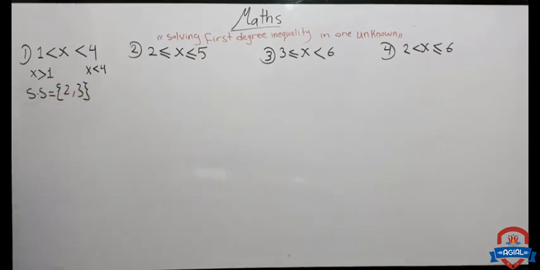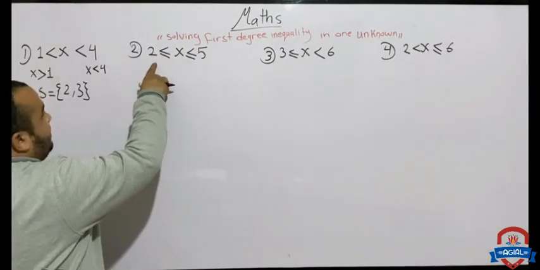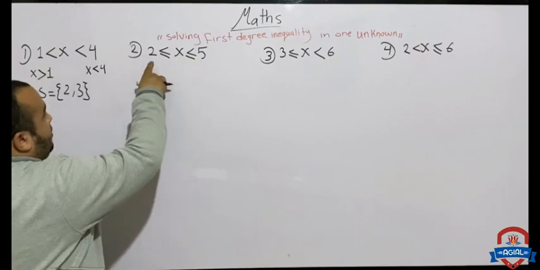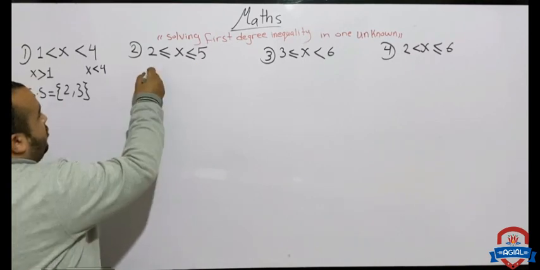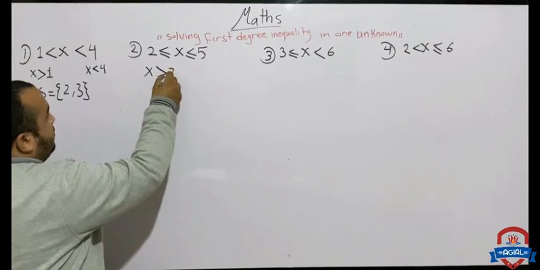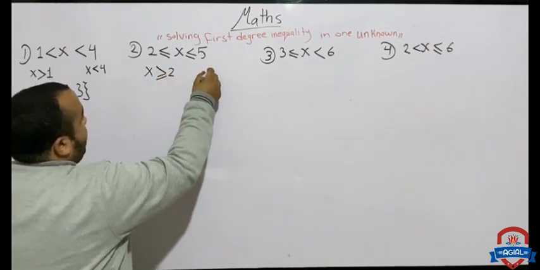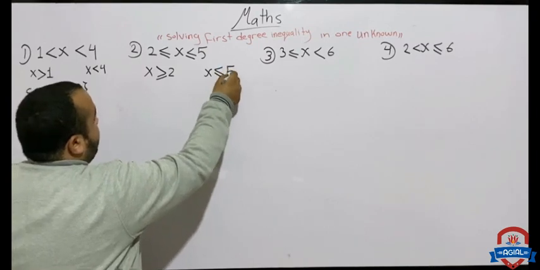The second form, x is greater than or equal to 2 and x is less than or equal to 5.